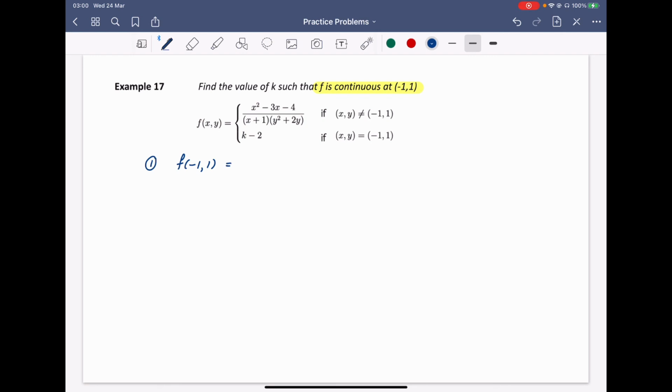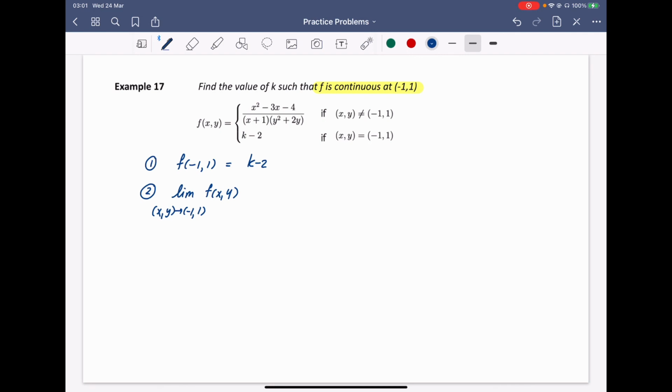Well, this is actually k minus 2. So save it for later, because in step 2, you need to compute the limit of the function f where x, y go to -1 and 1. Well, once you get the number from step 2, you can just set it equal to k minus 2, and then you solve for k, and that will be condition number 3, right?